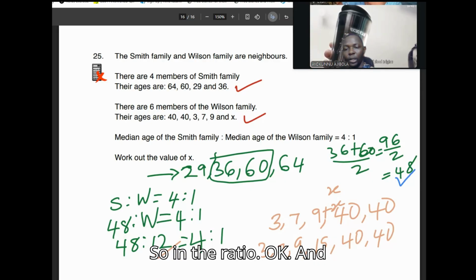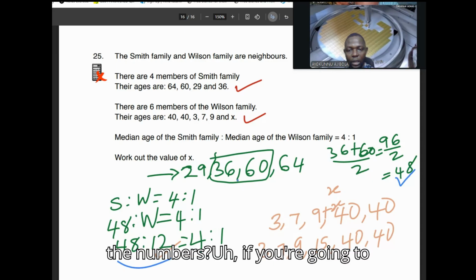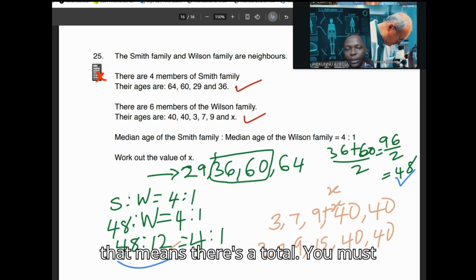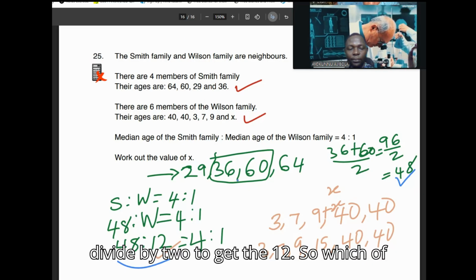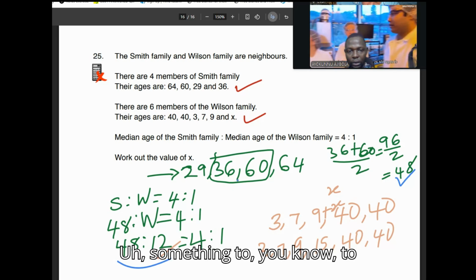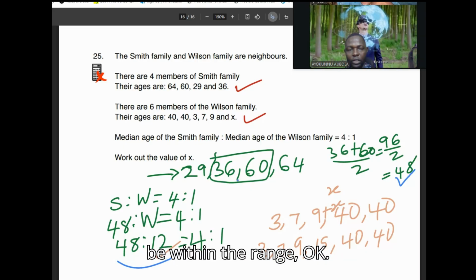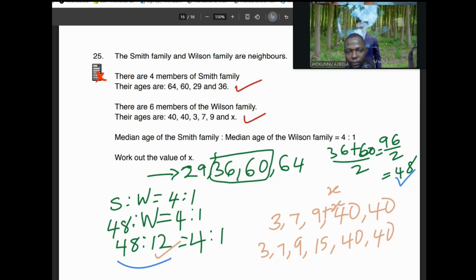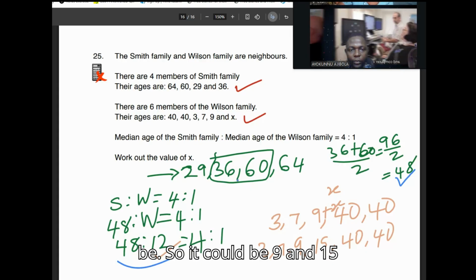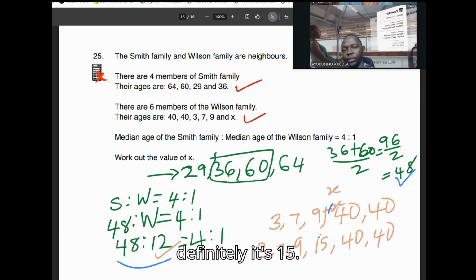Since there are 6 numbers, you must divide by 2 to get 24. So which of them are you going to add something to, to give you 24 and will still be within the range? It could be 9, and 15 will fall between 9 and 40. So definitely it's 15.